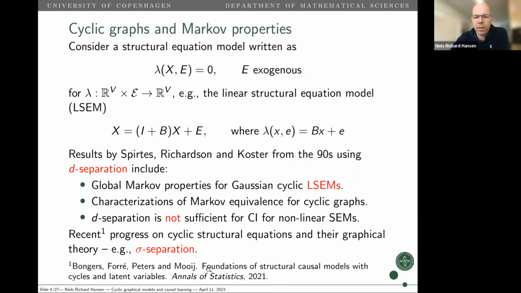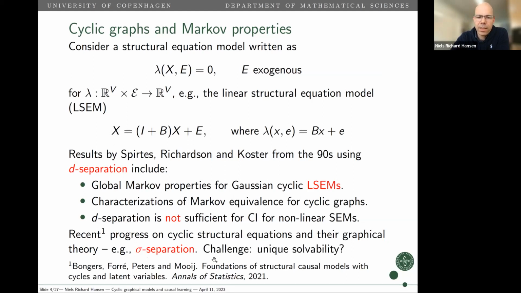There's this, I would say, monumental paper recently coming out in the Annals, dealing with all sorts of aspects of cyclic structural equations and their graphical theory. And Patrick, who is here as a discussant, is one of the authors of this paper. One new addition is sigma-separation, which is a slightly different separation concept from d-separation, which can then better describe the Markov properties of these cyclic structural equation models.